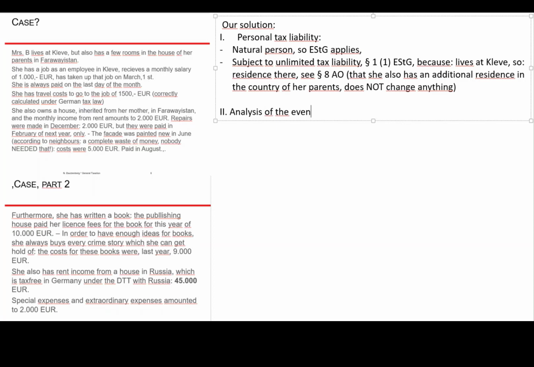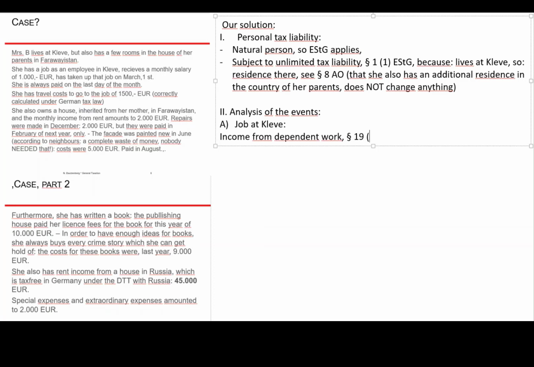Analysis of the events, ladies and gentlemen. Event number A, job. First question, which type of income might it be? Well, it's income from dependent work.